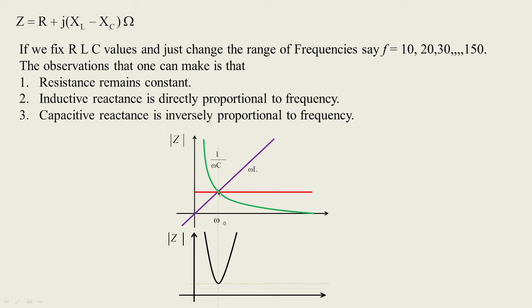Whereas this omega L is changing linearly with the frequency, so that is a straight line passing through the origin. And for the capacitance, you change the value of frequency, substitute the value of capacitance, some constant value, and you observe the alterations.